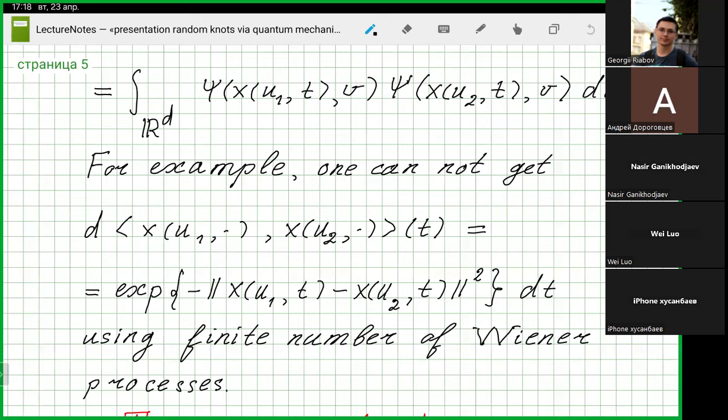This explains why we consider this Gaussian random measure, or an infinite number of Wiener processes, in the model.